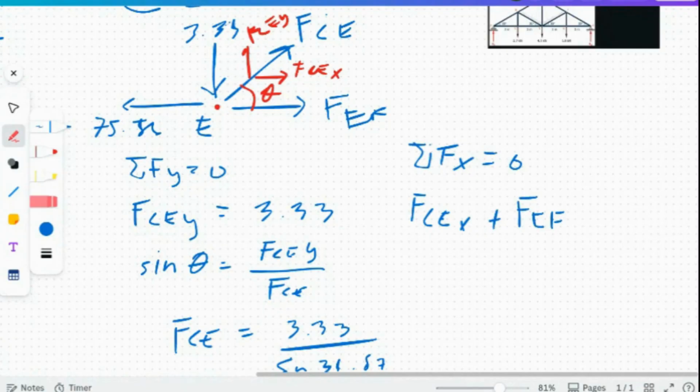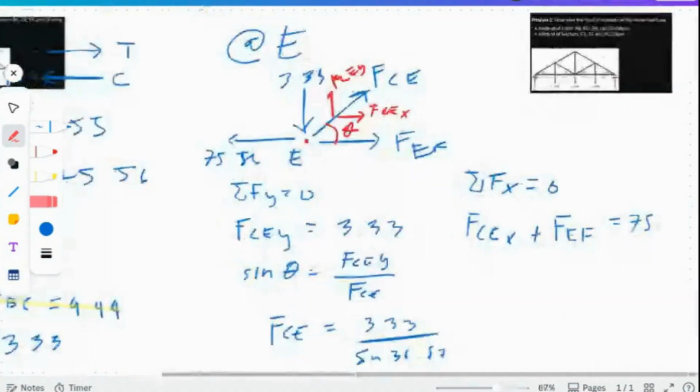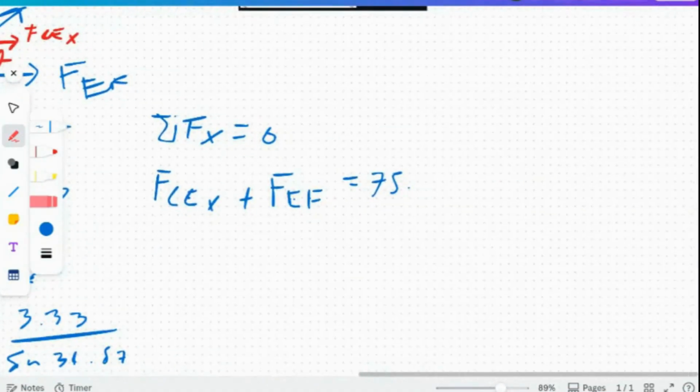And then going to the left, that's 75.56. Let me try that again. 75.56.